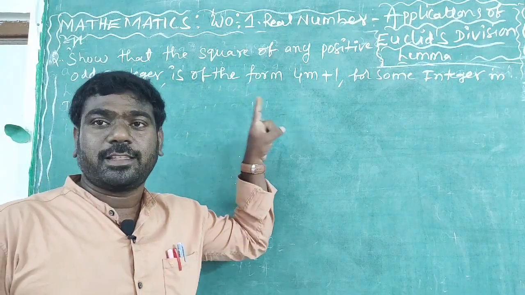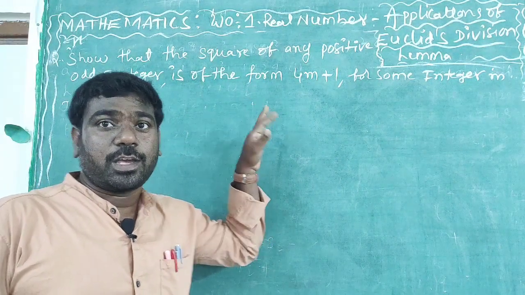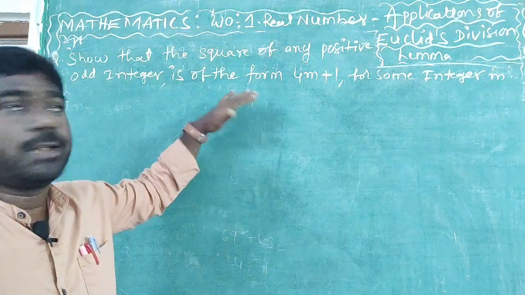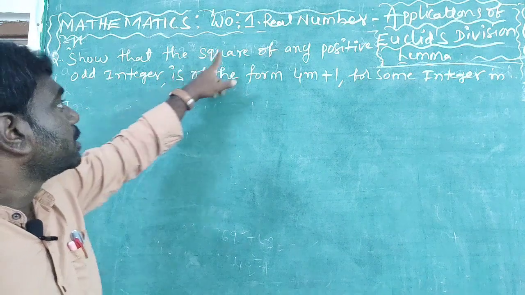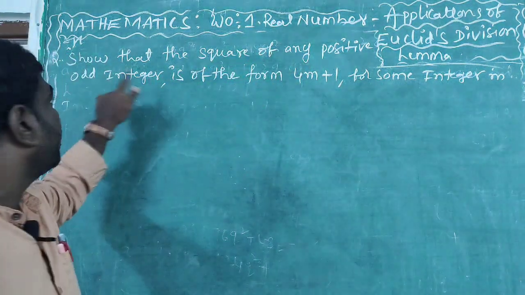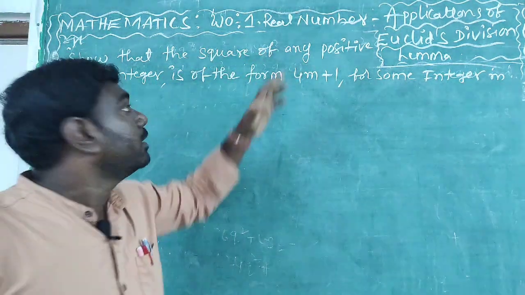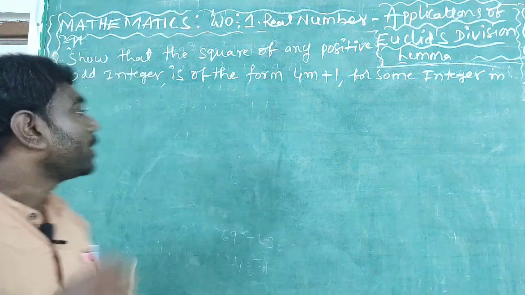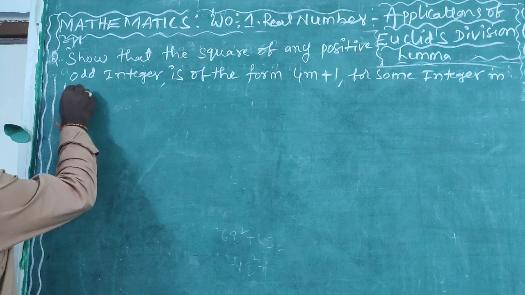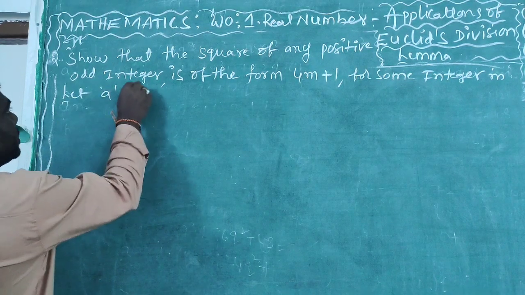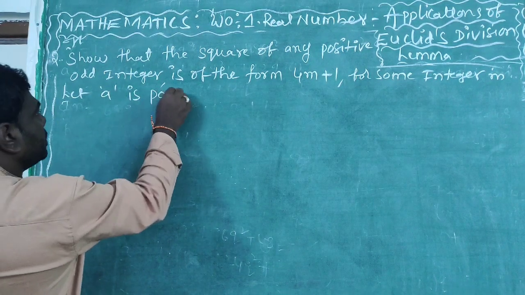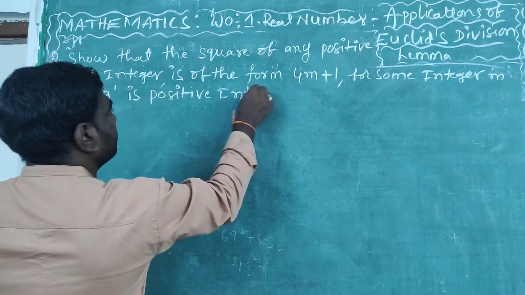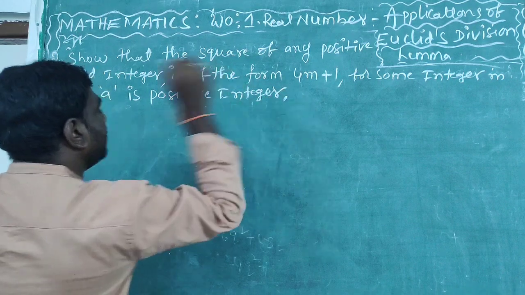First we take the Euclid division lemma. According to the question, we are going to consider it. The first thing is the square of any positive odd integer. First we will take a positive integer. Let a be a positive integer.